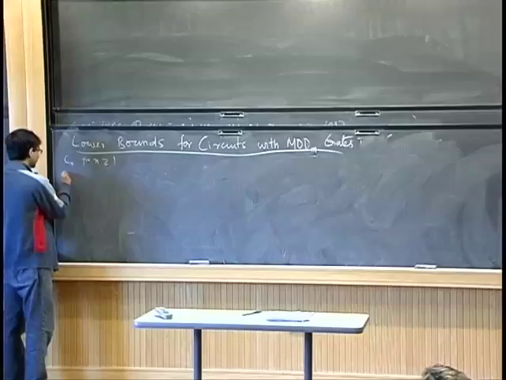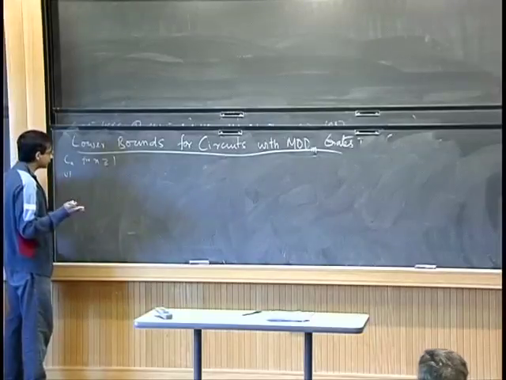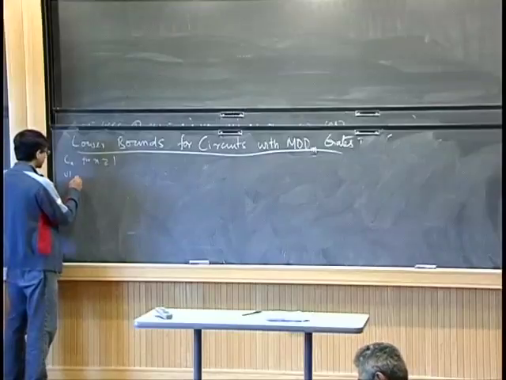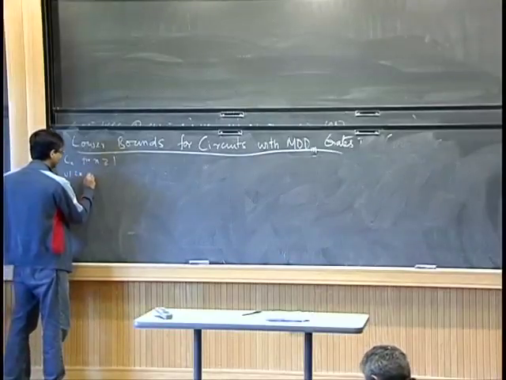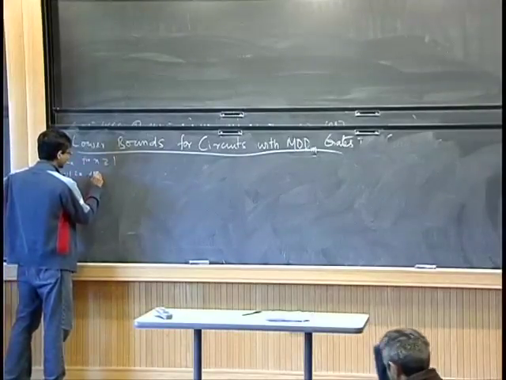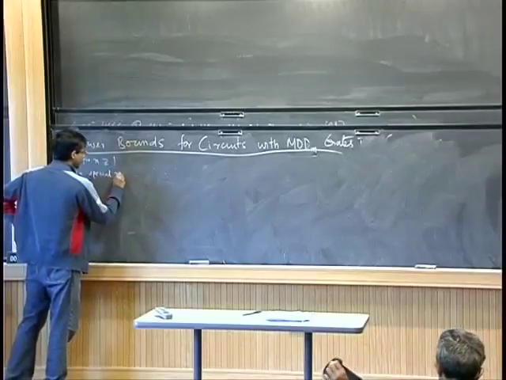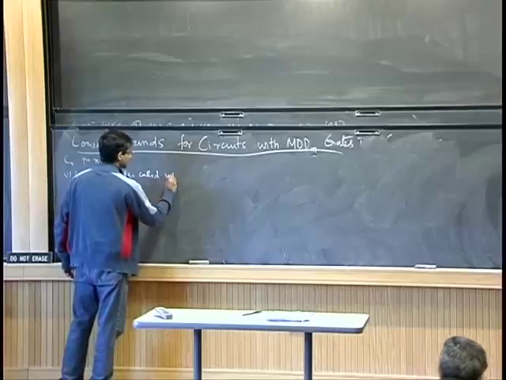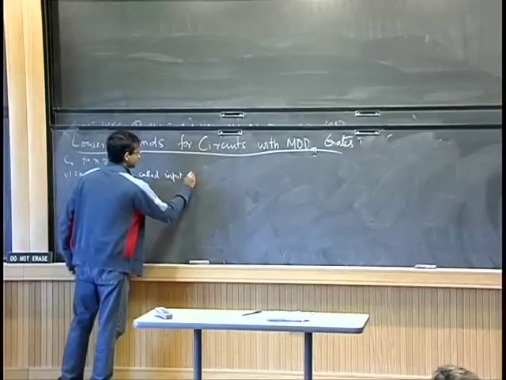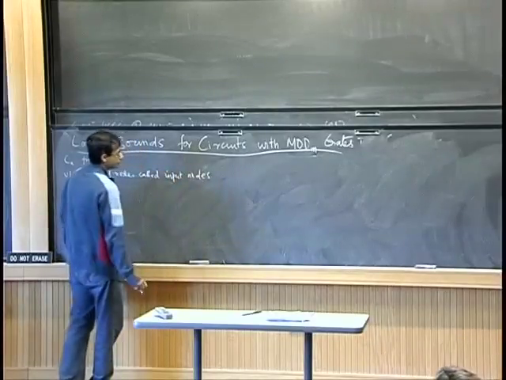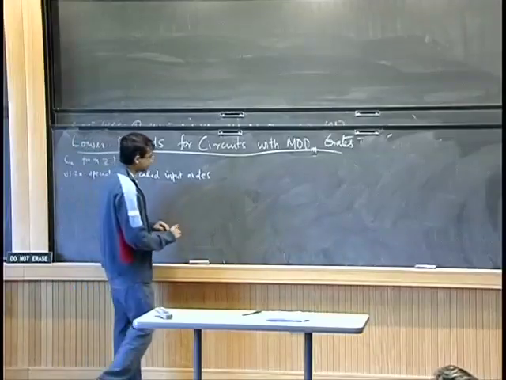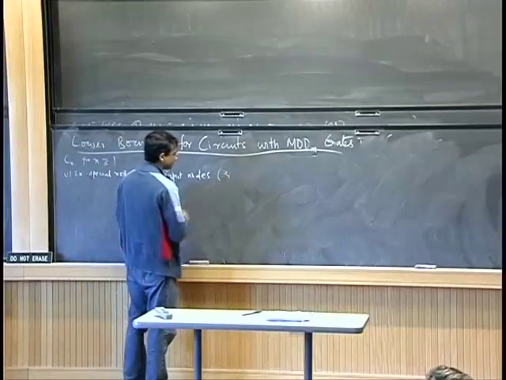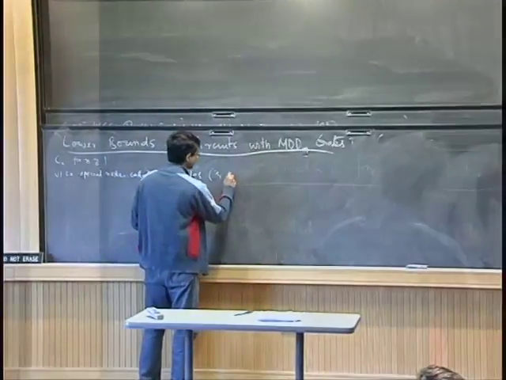And C of n is just a directed acyclic graph. It has 2n special nodes called the input nodes. Each of these nodes is labeled with either an input variable xi or its negation.